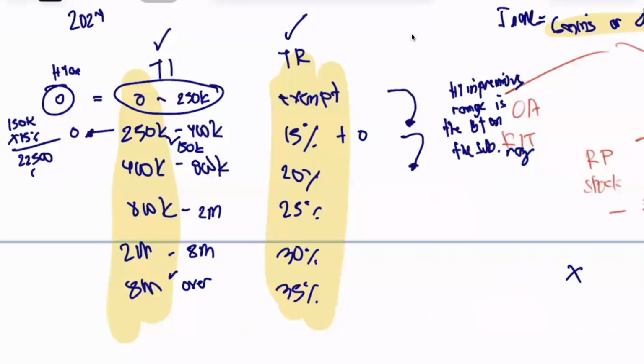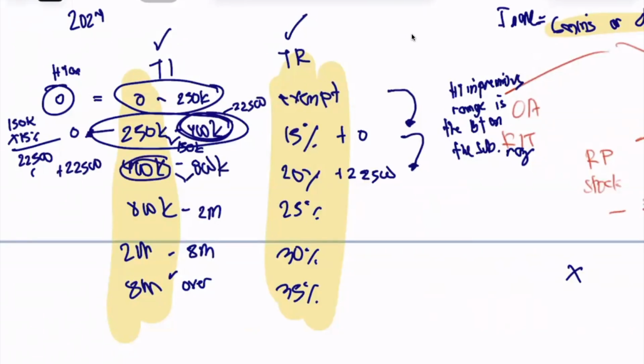Okay. So yung 22,500 na yan, yan yung ating highest tax for this bracket. And sabi natin yung highest tax sa bracket na to, yun ang gagamitin na basic tax on the subsequent one. So plus 22,500. Okay. So anong tax ng 400,000? Ang tax ng 400,000 ay 22,500. Ngayon, kung may tax na ang 400, ang matatax na lang dito ay yung difference na 800 less 400.